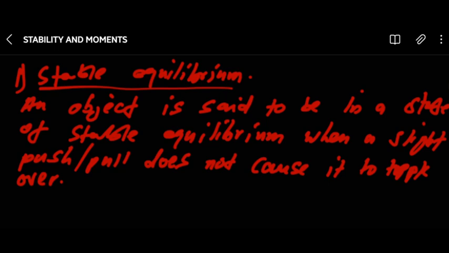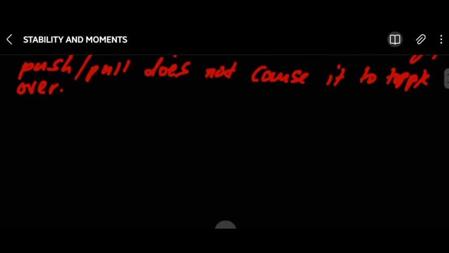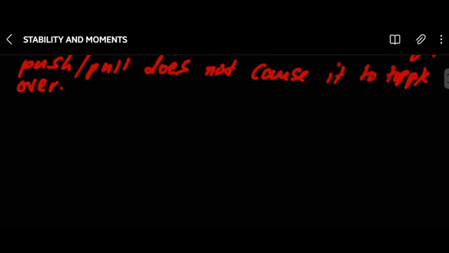Now an example we can give here is a table. A table has 4 legs. If you were to push this table, it will simply remain in the same position. So a table is an example of an object which doesn't topple over when pushed.